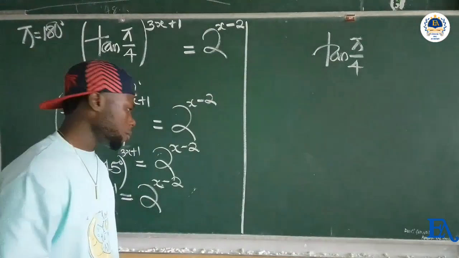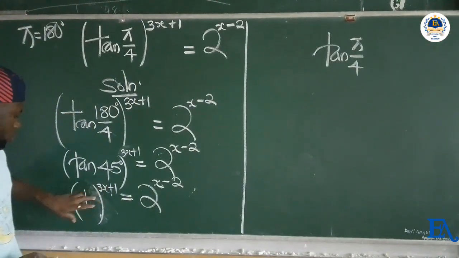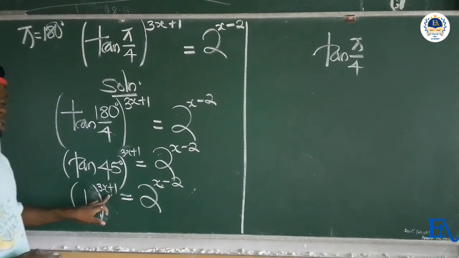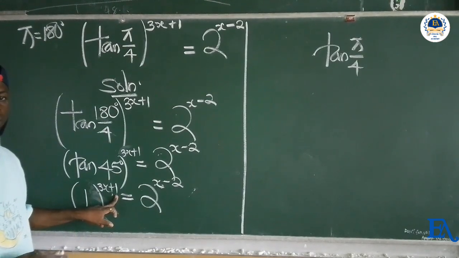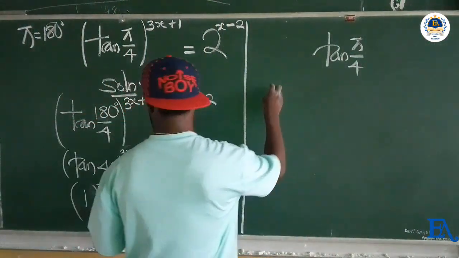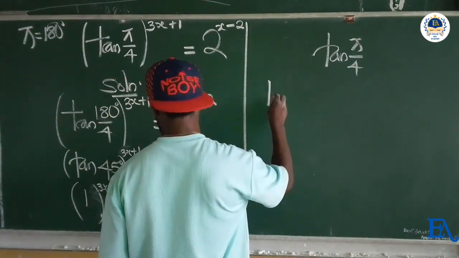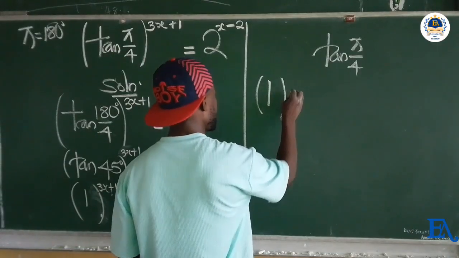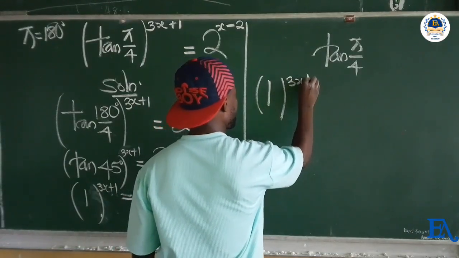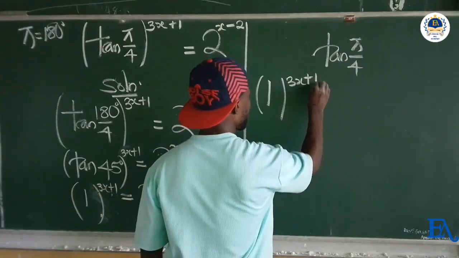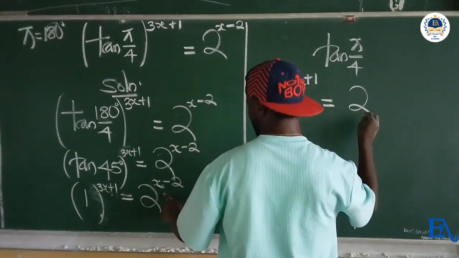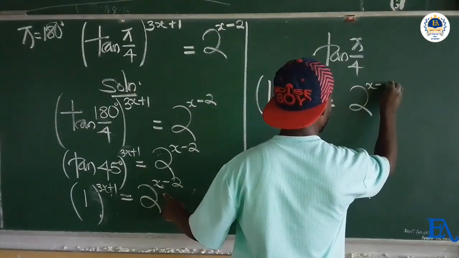Next thing we have to examine is 1 raised to the power of 3x + 1. This is very simple. Over here we have 1, bracket open, bracket close, 3x + 1, equal to 2 raised to the power of x − 2.